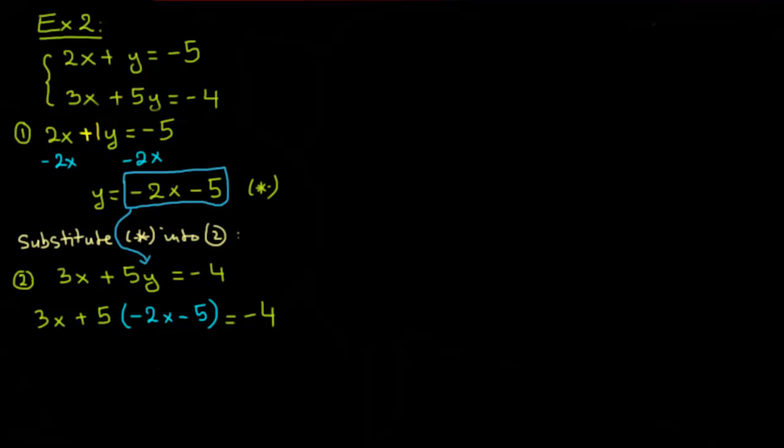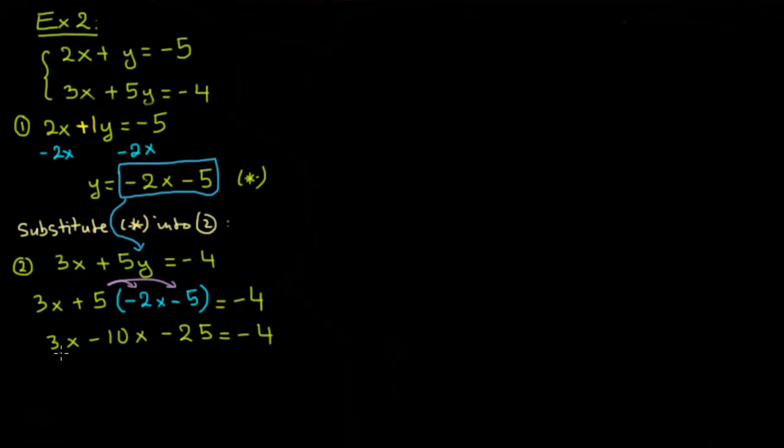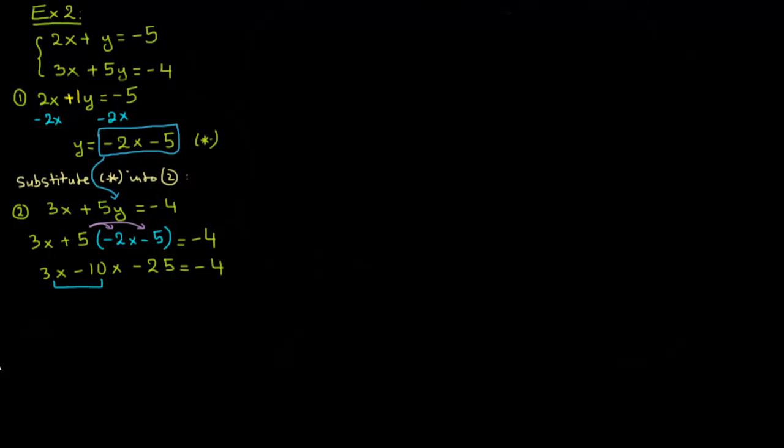Then we go ahead and solve for x by distributing 5 into the parentheses. So we have 3x minus 10x minus 25 equals -4. We can also combine like terms: 3x and -10x give me -7x, minus 25 equals -4. Then we can isolate the x by moving 25 over.